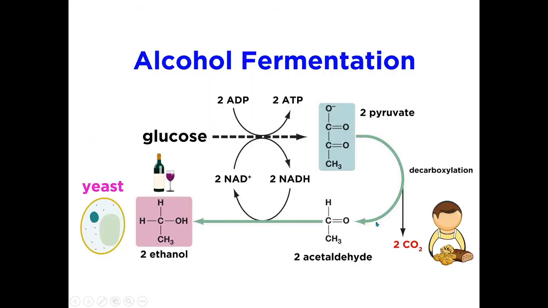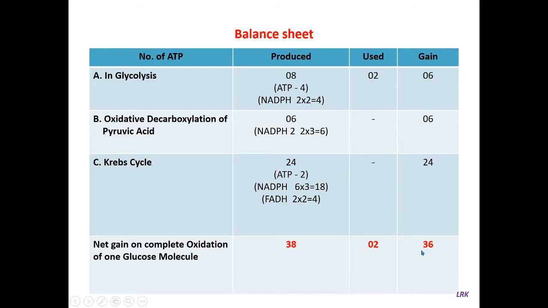Each ATP carries 7.6 kilocalories of energy. So 7.6 kilocalories of energy into 36 ATP gives about 273 kilocalories of energy. And then we said that on complete oxidation of glucose, we have 686 kilocalories of energy.